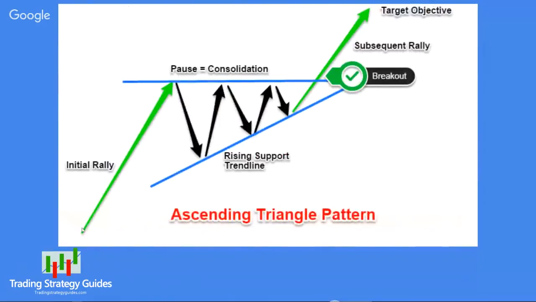Summary: the initial rally, the initial trend, is the most important thing. Don't forget that. Then this pattern is fairly easy to recognize. Practice. Look at charts. Look at lots of charts. I've looked at charts for 15 years now.